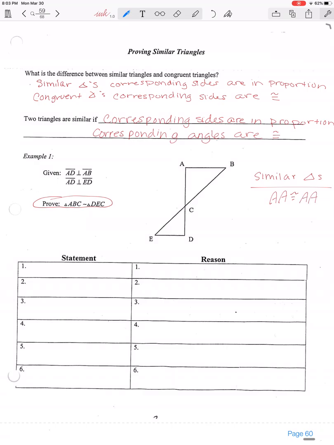So let's take a look at what we're going to do. First things first, we look at our givens, and it tells me that AD and AB are perpendicular, and that AD and ED are perpendicular. So, you know what, since I'm proving these two triangles are similar, I'm just going to highlight them like we do normally with congruency proofs.